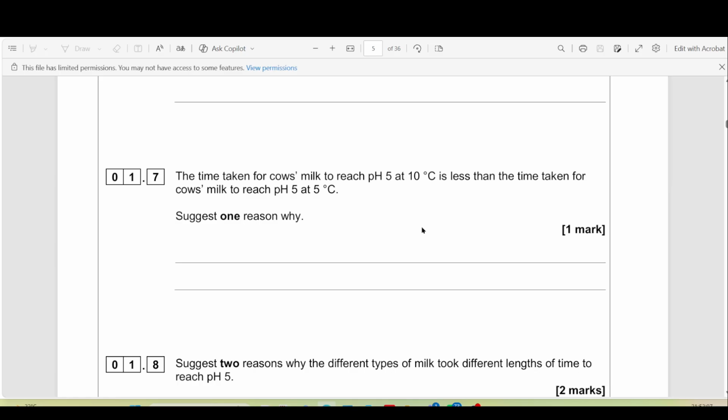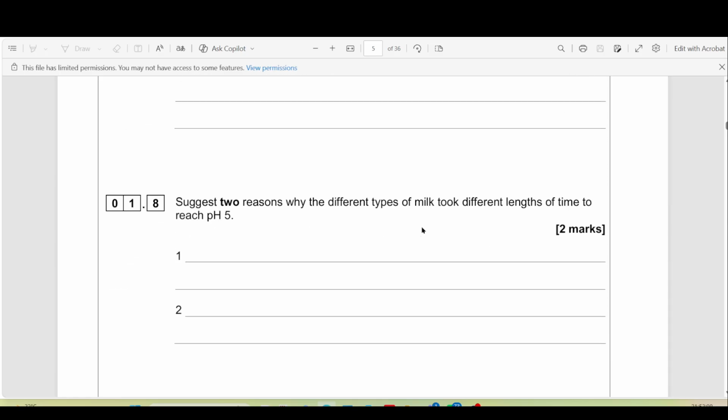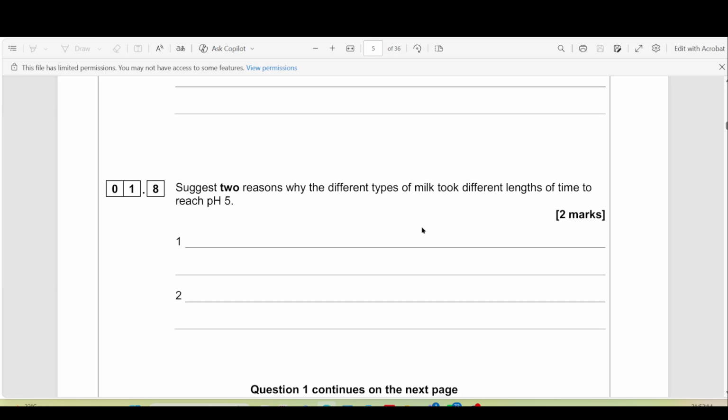So there are two reasons why the different types of milk take different lengths of time to reach pH 5. They have different starting pHs.